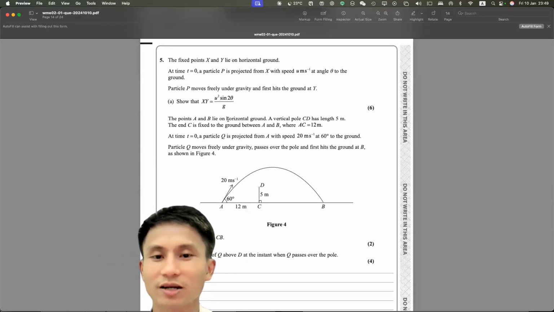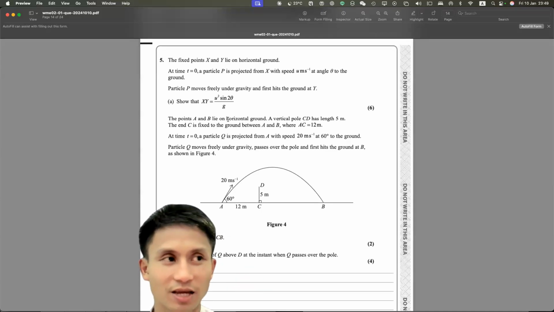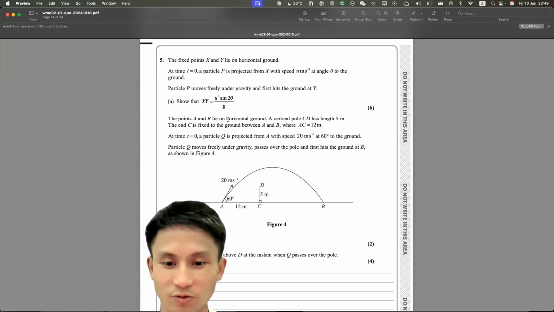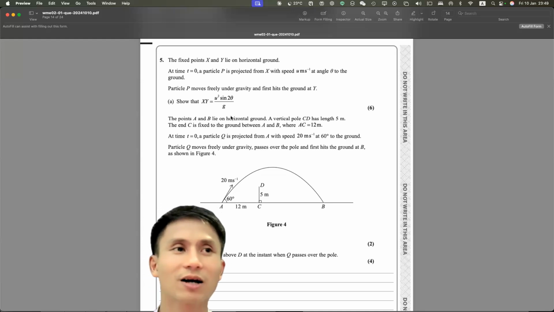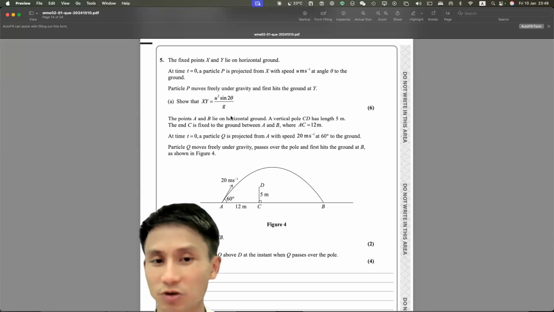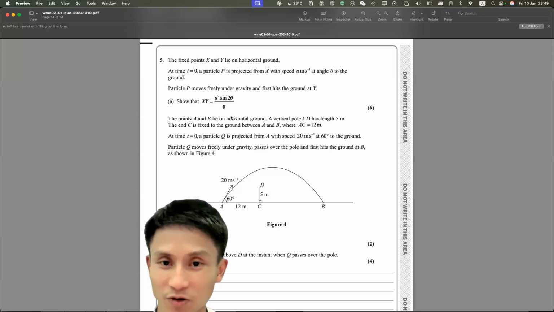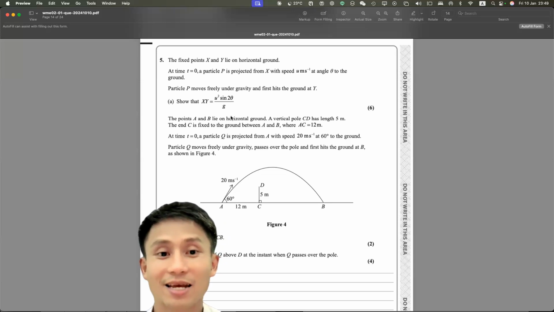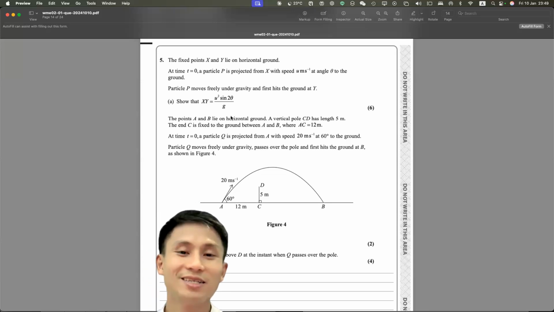Projectile. So try to revise on how to prove the algebraic formula in projectile motion as well. For example, A, and there are a couple more. You should check the textbook because this is the most recent year as of the time of recording, and it came up. You saw this in the book. This is even in M1, guys.